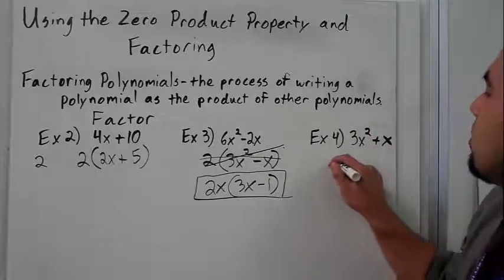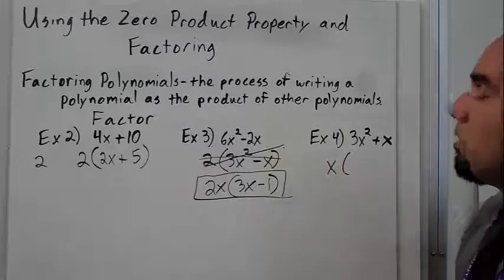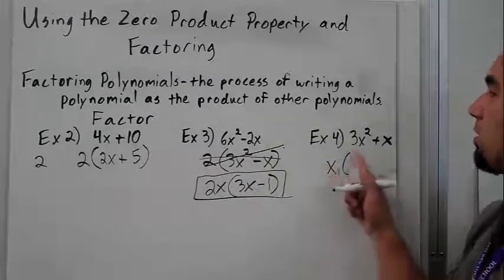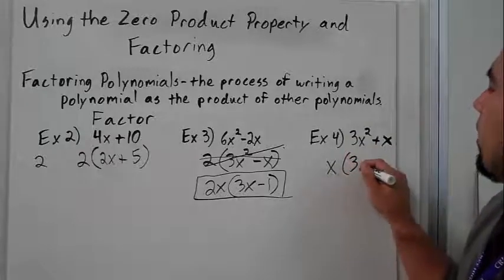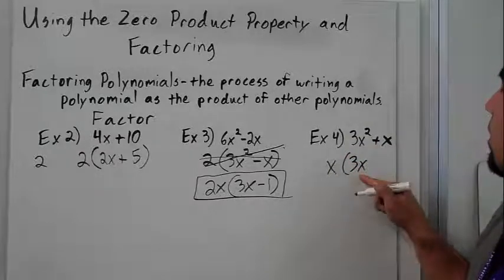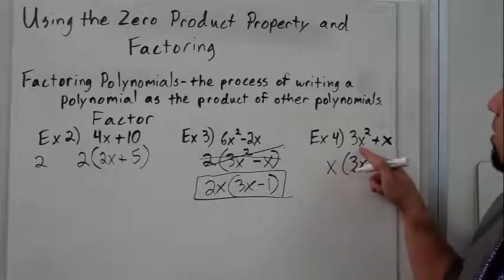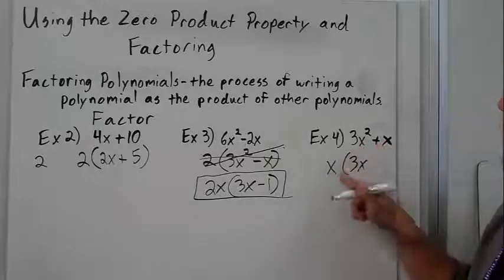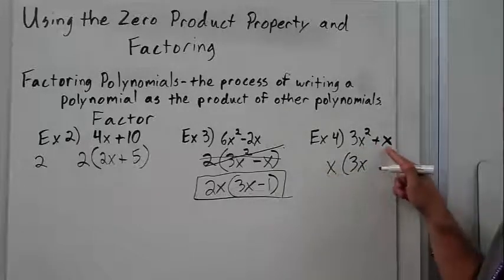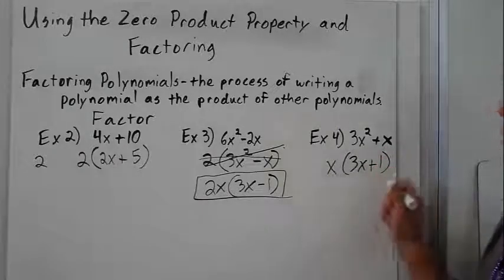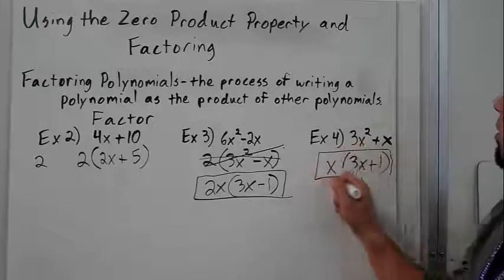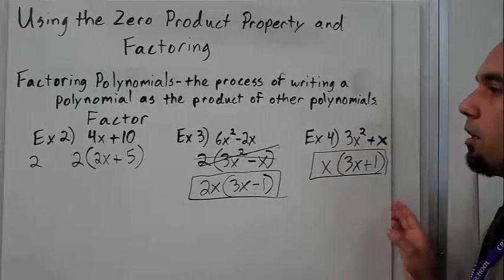So in this case, my greatest common factor is just the x. If I pull out an x, I get 3x, because 3x times x gives me 3x squared, and x times what gives me x? Well, that's just 1. And that's how I know that's correct.